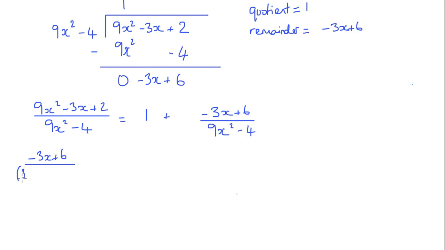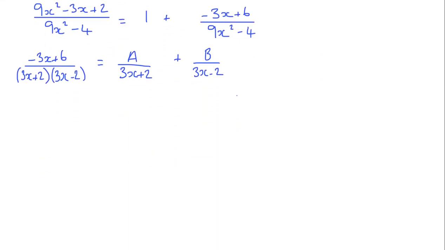That is a difference of 2 squares, and sometimes we will have to spot that the denominator factorises and factorise it before we can start the partial fractions process. But it's a nice easy difference of 2 squares, so that's 3x plus 2 and 3x minus 2, which we can now say will be able to be split into something over 3x plus 2 and something over 3x minus 2.